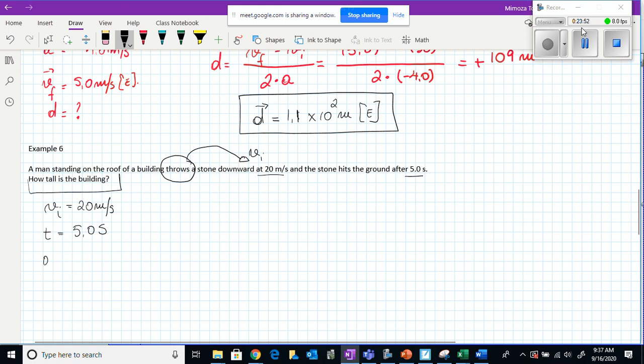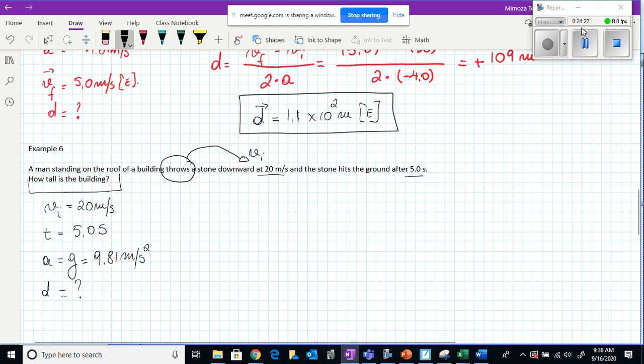Acceleration is equal to the acceleration due to gravity, which is 9.81 meters per second squared going down to the center of the earth. But since everything is going in one direction, I'm not assigning the direction here. And what they are looking for is the distance that the object travels from the moment that it is thrown until it hits the ground, which will give us how tall is the building.